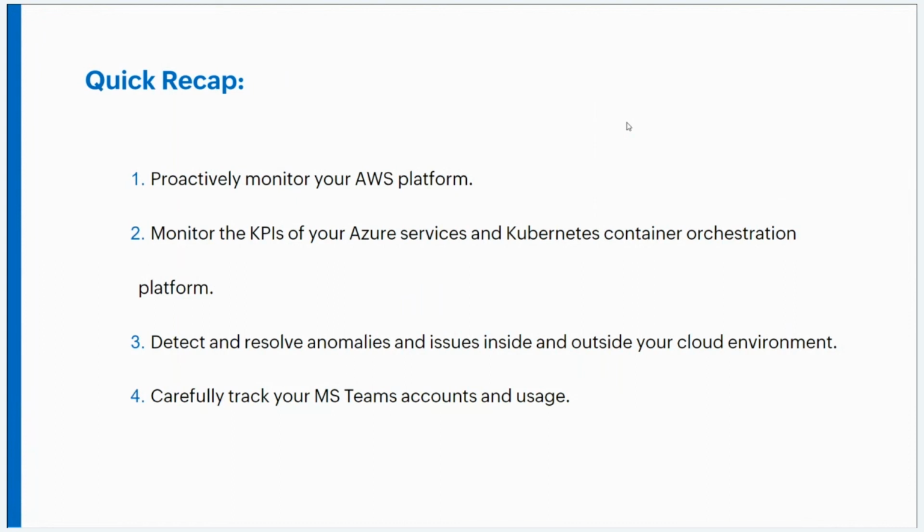In part 3, we saw how you can detect and resolve anomalies and issues inside and outside your cloud environment by using Applications Manager's fault management system. And in part 4, we saw how you can track your MS Teams accounts and usage based on the activity, the number of users, and the number of devices that they use.